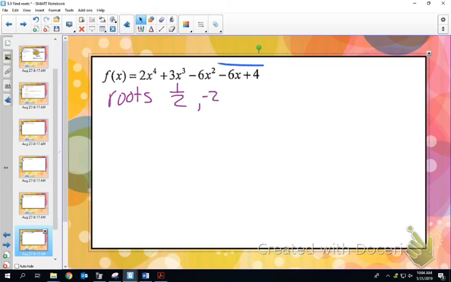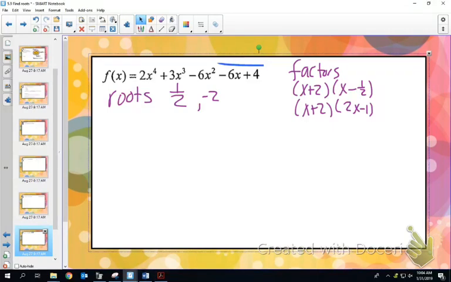If I wanted to write the factors, again, this is what we did last class, our factors would be x plus 2 and x minus 1/2, but remember we would rewrite that, we'd multiply by 2 and get 2x minus 1. So those are the factors.